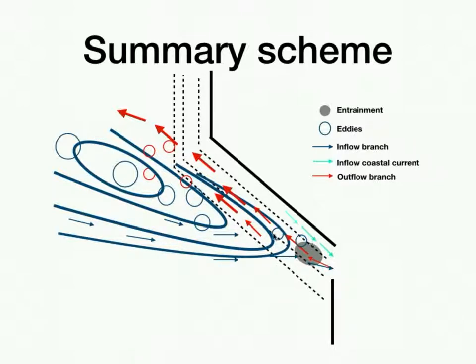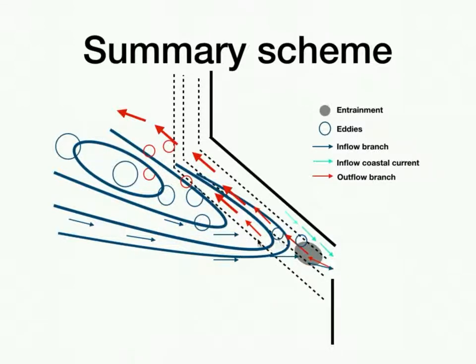Then we have the entrainment zone here, where the outflow starts to accelerate, and where you have the main interface between inflow and outflow. You will also have generation of eddies, which propagate along the margin and ultimately separate offshore.